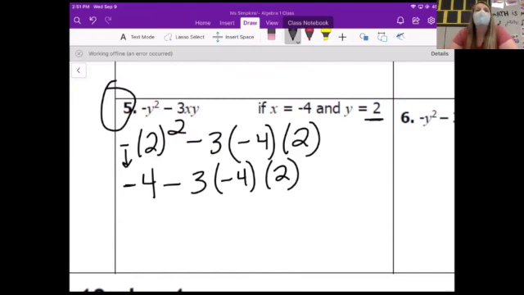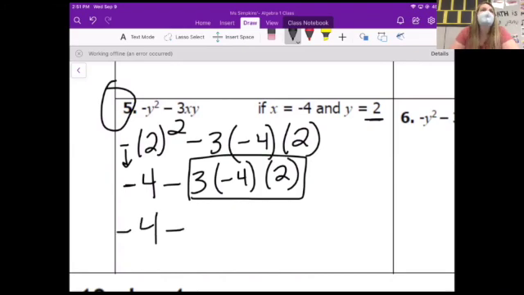Because I had already solved this 2 squared, and that was my result. Anytime I get a result, I usually just drop the parentheses off. Okay. Zion asked me a good question. On this step, we want to multiply these 3 numbers together first, and then worry about the 4 minus. So 3 times -4 would be -12. -12 times 2 would be -24.